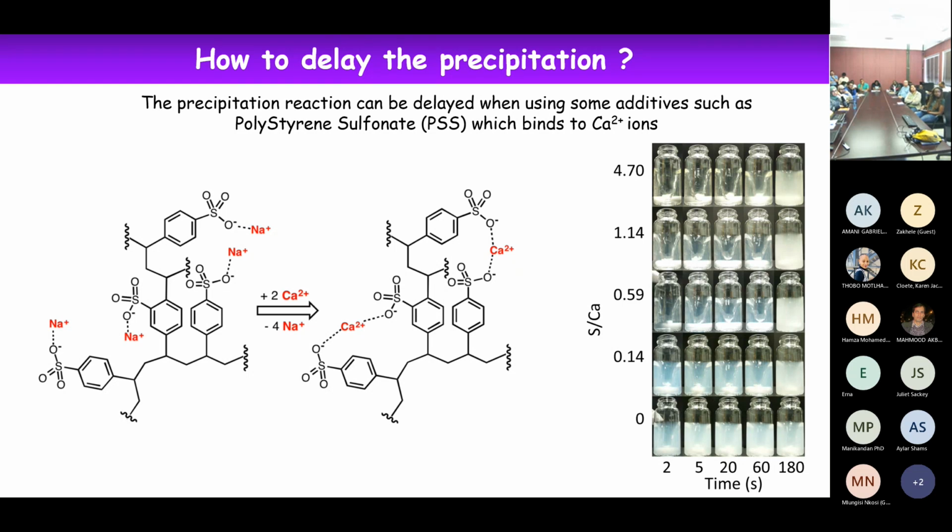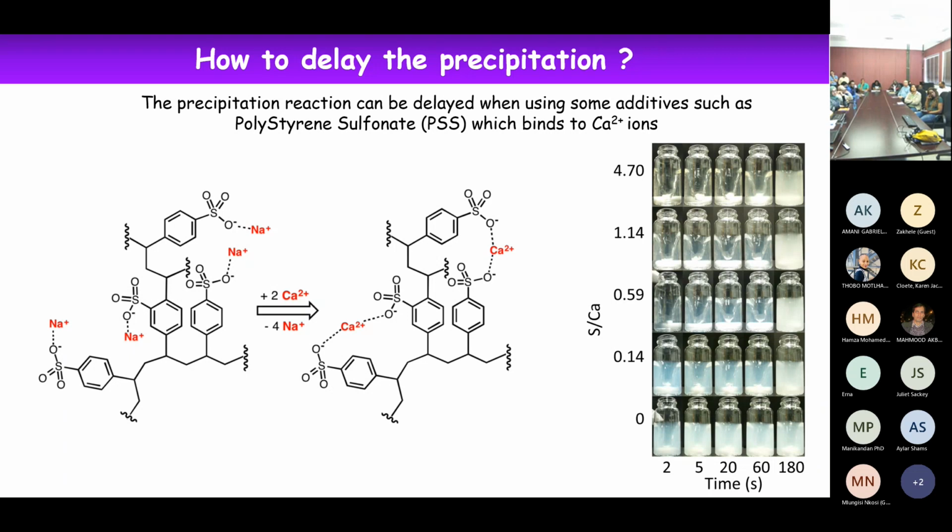But you can see that if now you put a sulfur over calcium atomic ratio of 4.7, the precipitation begins to occur after 60 seconds. So it takes a long time. Maybe you can go even more than this, as you will see later.